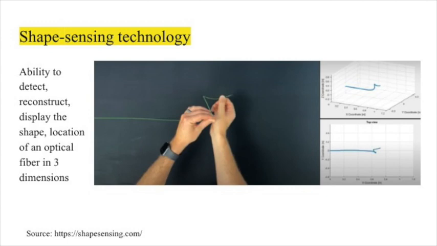It can reconstruct its own angulation as well as location in 3D, as shown on the right hand side of the picture right here. And the robotic bronchoscopy that uses this technology has the shape sensing fiber all along the catheter. And so basically, once we advance the catheter inside the lung, it can know exactly where the tip of the catheter is on the 3D images of the lung virtually.